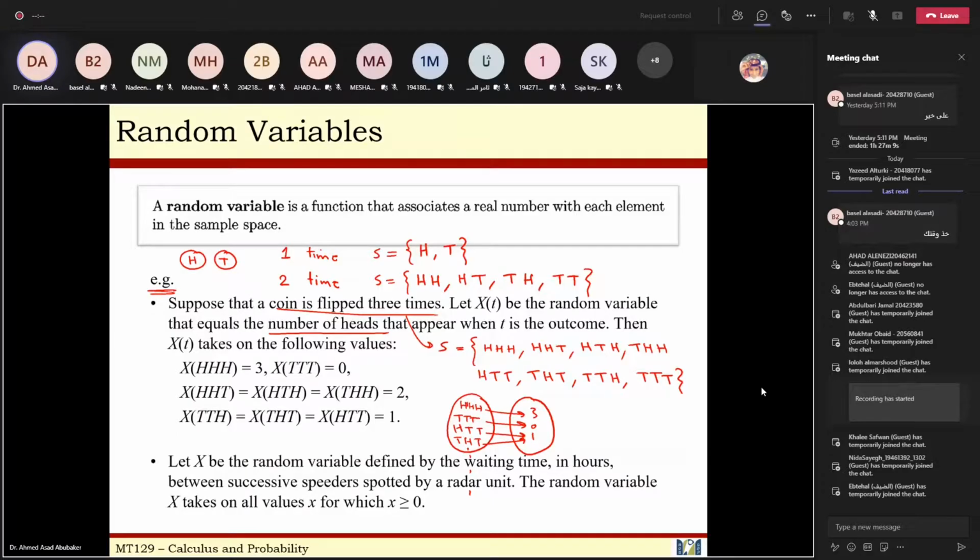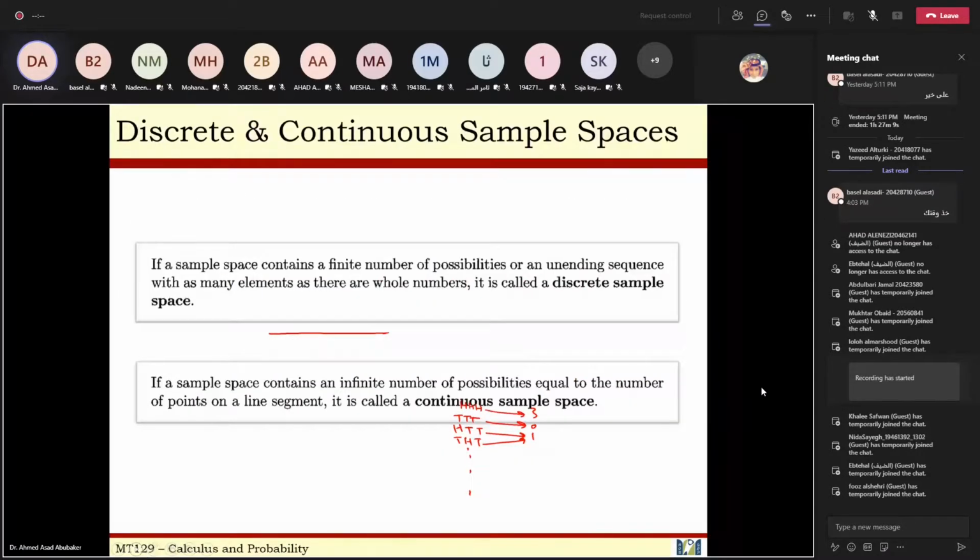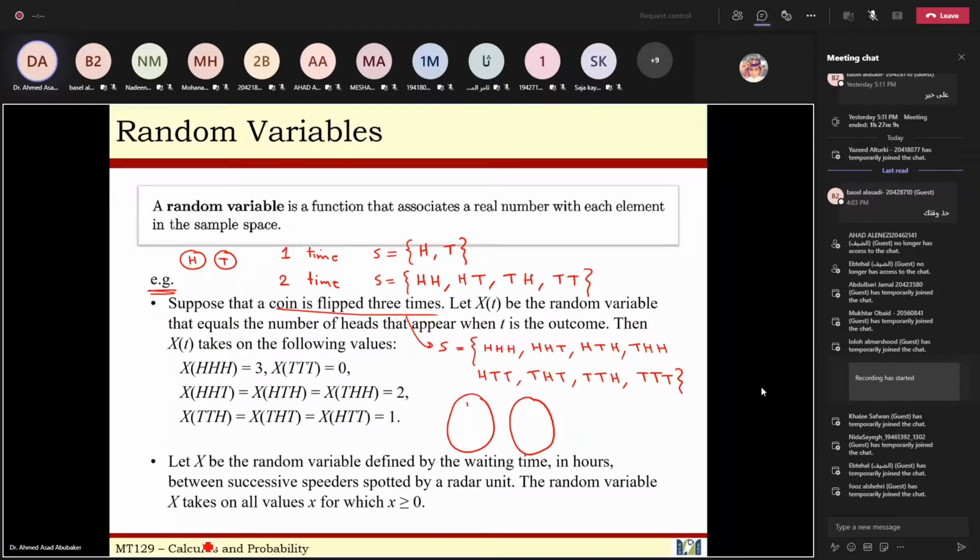I don't only have temperatures 30, 31, 32, and so on to 35; maybe the temperature is 30.001, 30.02. So this must be in an interval. The outcomes are equal to the interval, so this is continuous.